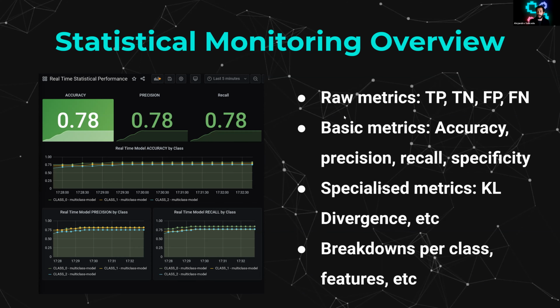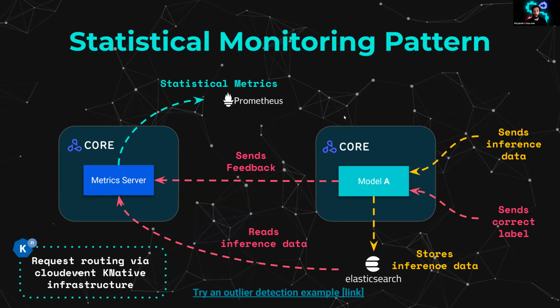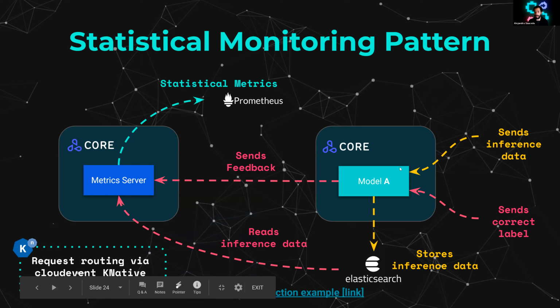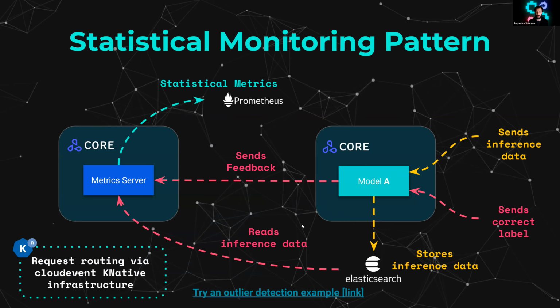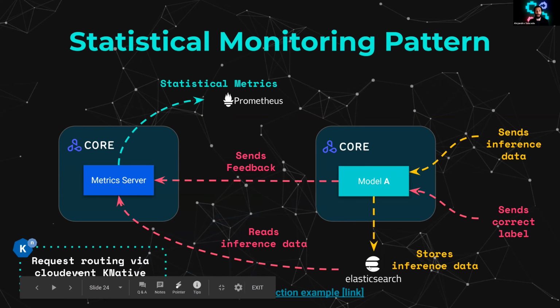And from that perspective, the way that we have been able to approach this is with the model performance pattern. Similar to how we saw that sending inference data sends this to the serverless eventing architecture and forwards it to store the inference data. This inference data contains a unique ID, right? Each request gets its own request ID, and the client gets that request ID back.